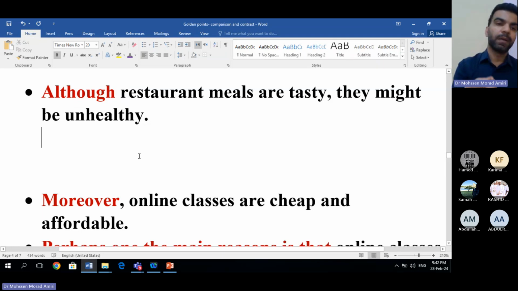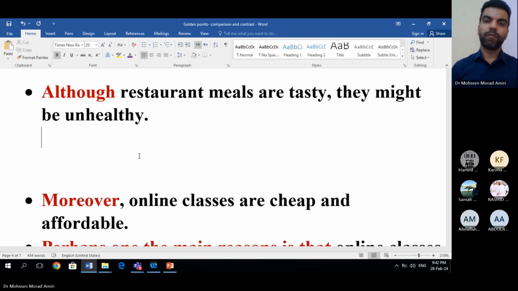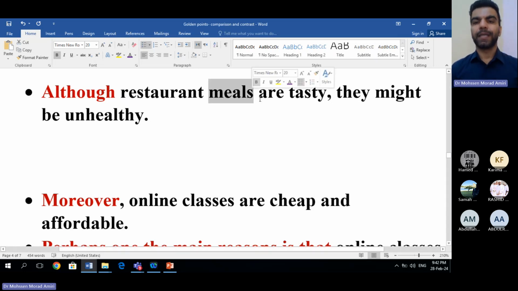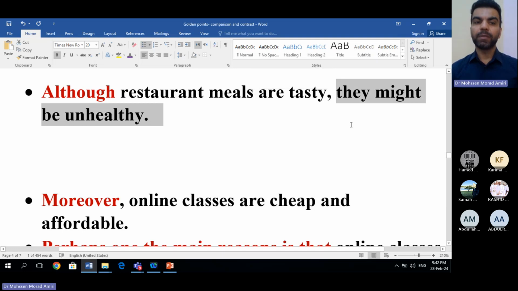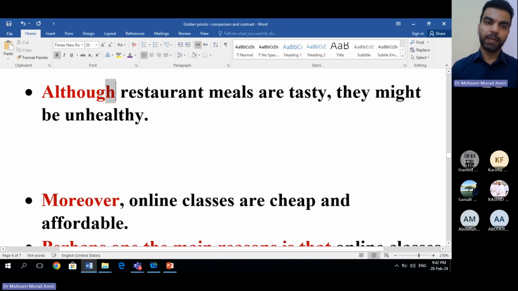Today, my level 2 students actually told me the meaning in Arabic. Although restaurant foods or meals are tasty, they might be unhealthy. So my point is here, that you should know how to make sentences with although.